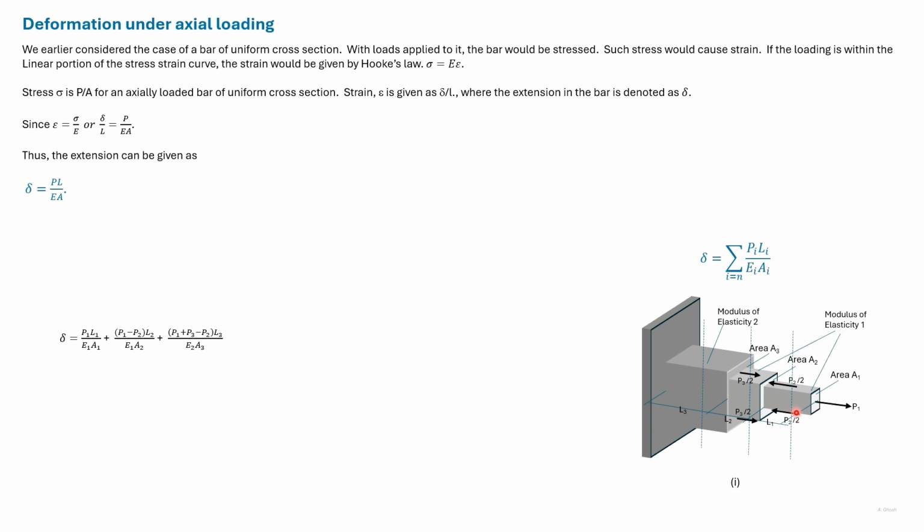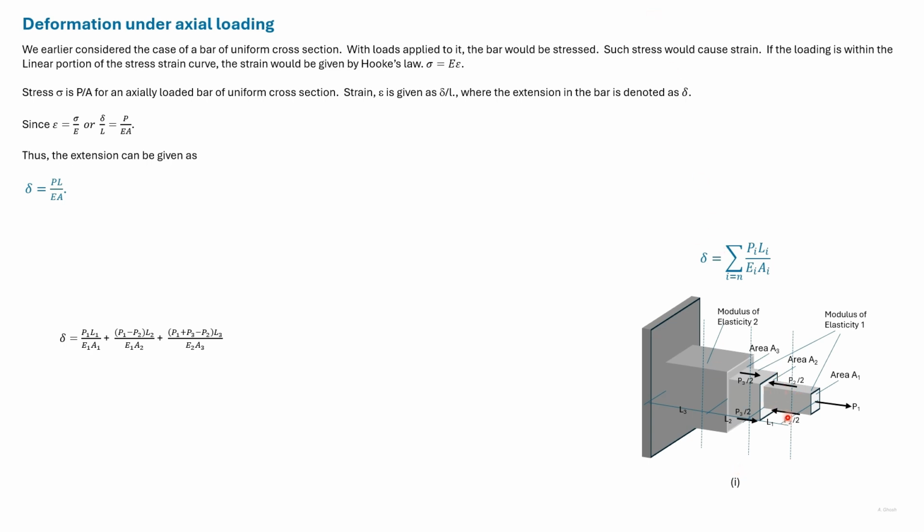Now consider the portion L1. Let us take a section as shown. Then on this section, considering from the right, P1 is the only force acting. The area is A1 and the modulus of elasticity is E1, which is represented here. Now consider the second portion. Let us take a section here.